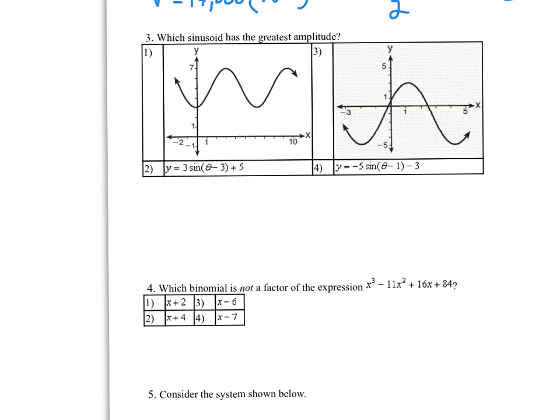So for number 3, they want the greatest amplitude. Now, if you look at choice 1 and choice 3, those are based upon a graph. So what I like to do to find the amplitude, remember, is max minus min divided by 2.